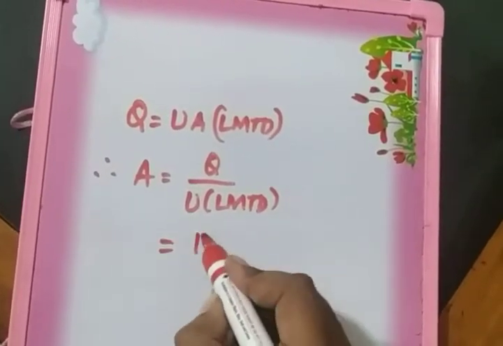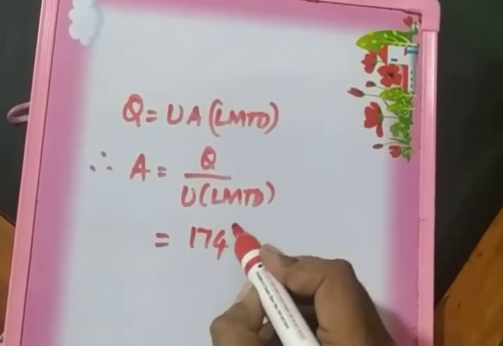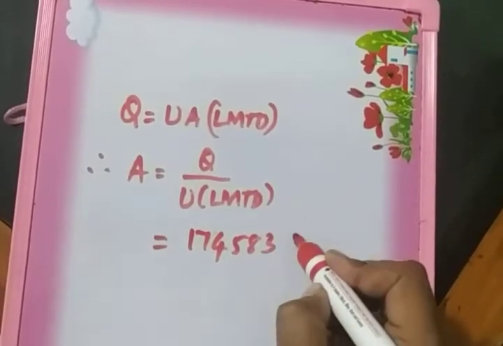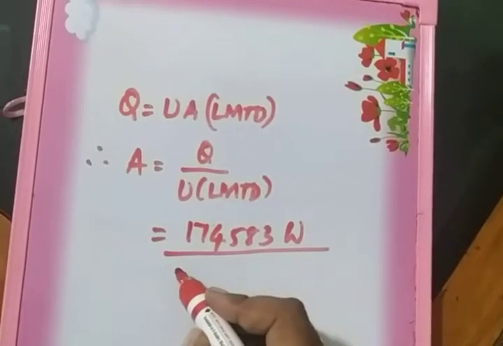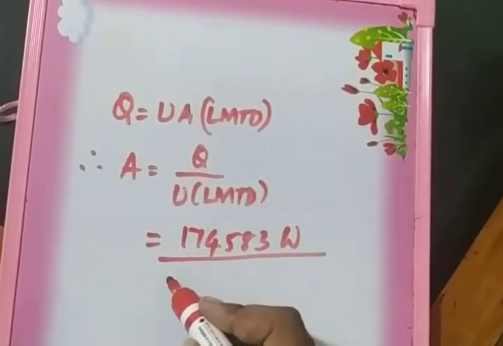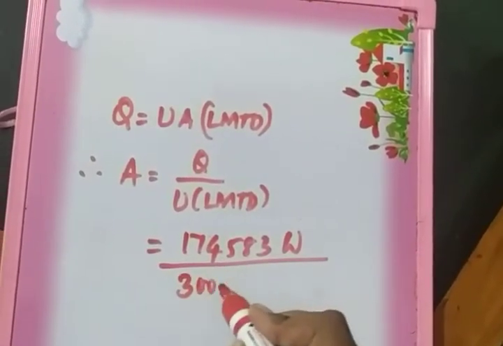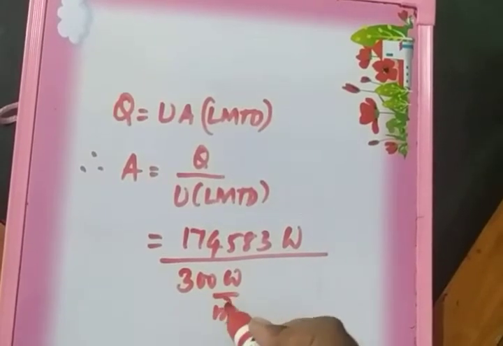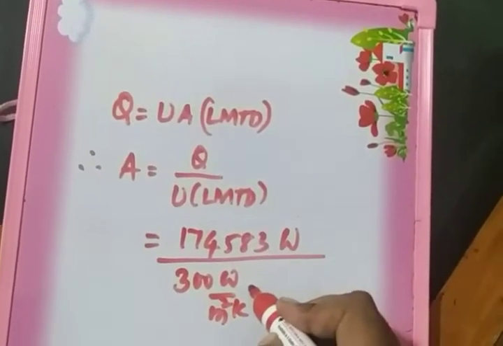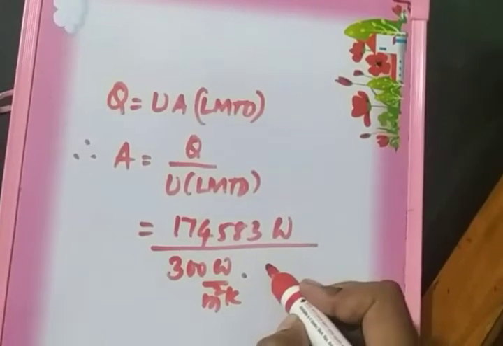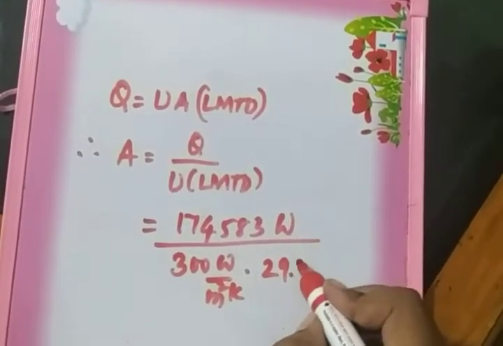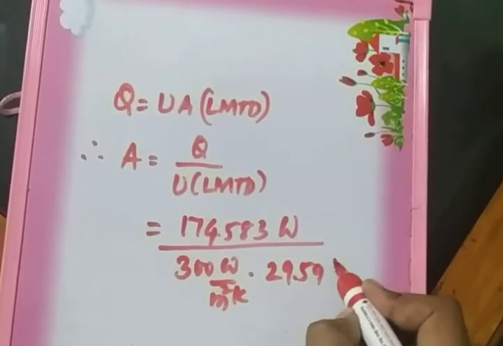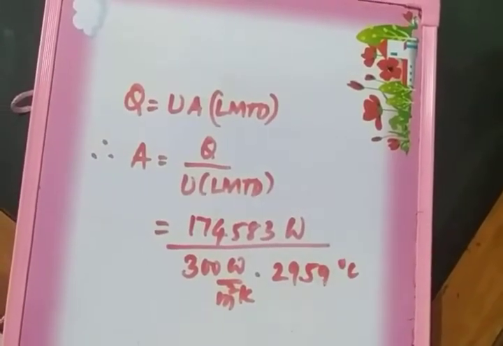Q is 174,583 watts divided by U, which is given as 300 watt per meter square Kelvin, multiplied by LMTD, obtained as 29.59 degree Kelvin or degree Celsius.